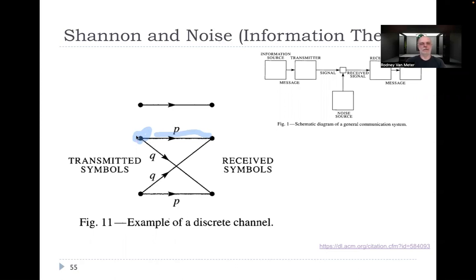With some probability Q, instead, even though we started by transmitting this state up here, some damage happened to it, and we actually receive another symbol, not that one. Conversely, if you start down here, with that same probability P the transmitted symbol was the same as the received symbol.